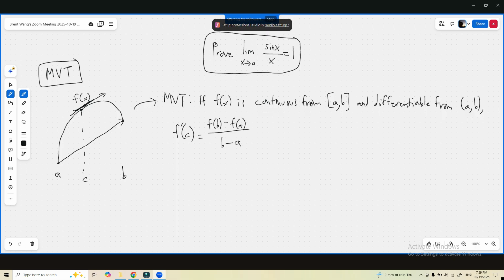So I'm going to just quickly write this formula here, take a note of what the mean value theorem is. I'm going to erase everything but keep this formula.